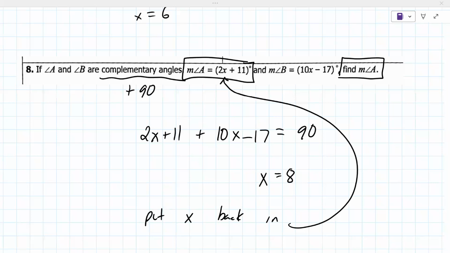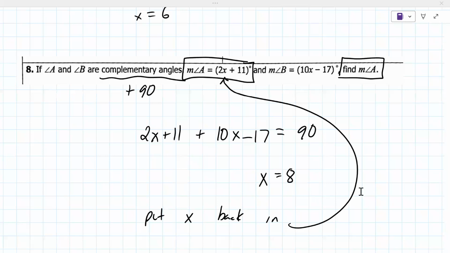Sorry, I was just copying something down. No problem. It's 27. So that is correct. It is 27.